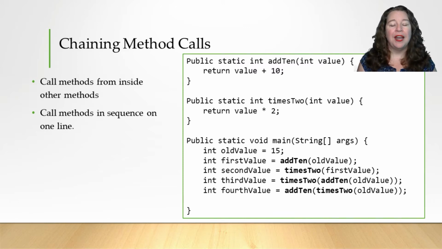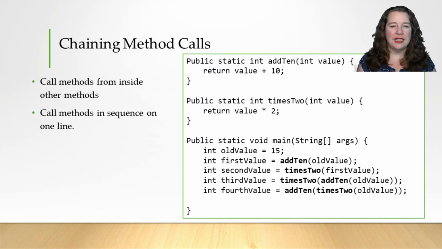Okay, fine. But I can do my third value, which is times 2, to the value of whatever is returned from add 10. So instead of having to declare two variables and set them as first and second value, I can just say times 2 add 10 old value, and it doesn't need those other two values in there.